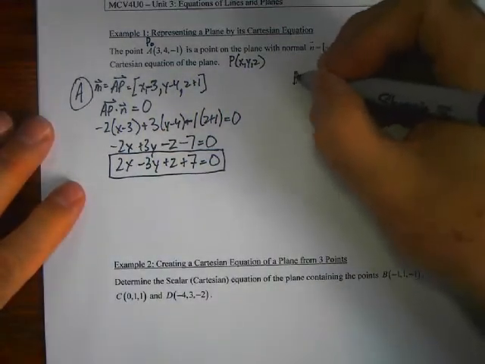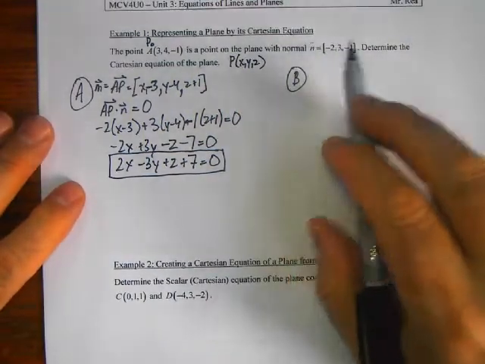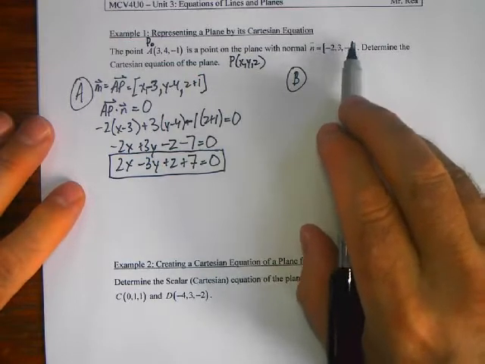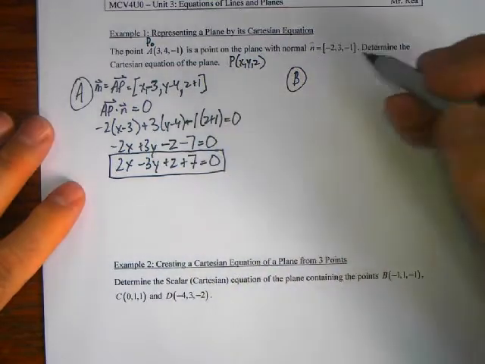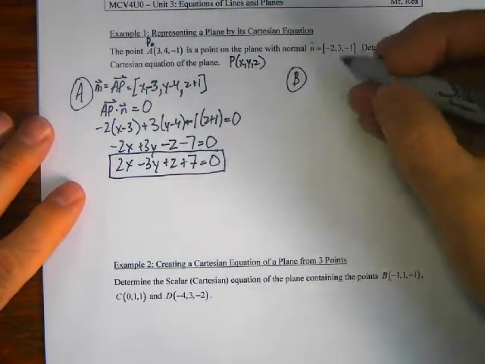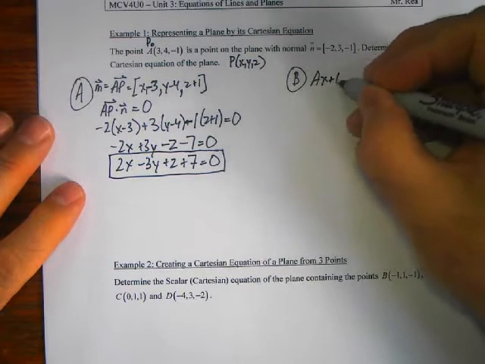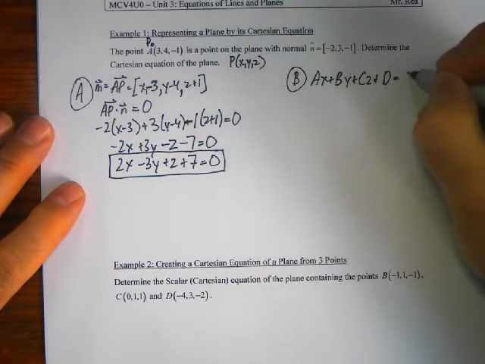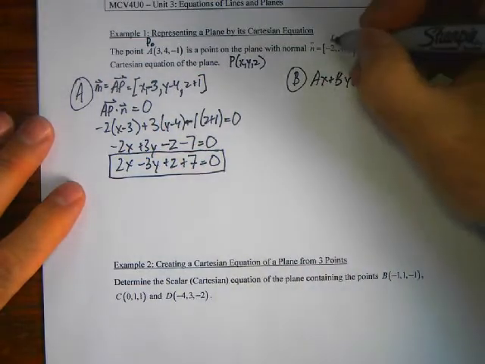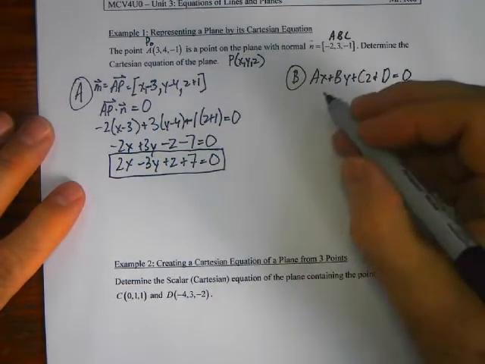Here's the way you probably prefer, because we already know that I could get the equation of the plane with this normal just by using the generic Cartesian equation. I know that that is A, B, and C, so I'll just plug them in.